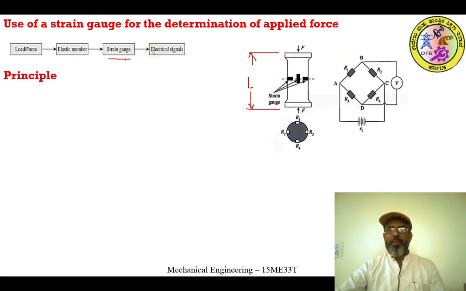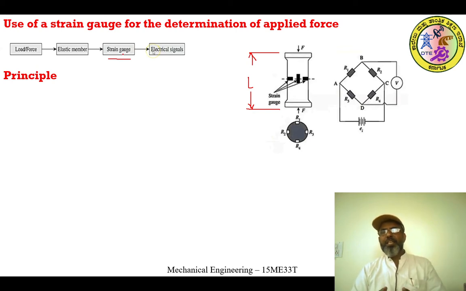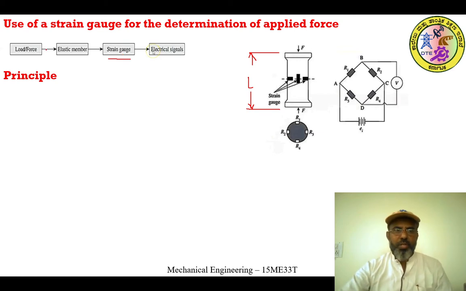That deformation becomes input to the strain gauge, and due to the change in length, its resistance changes. That change in resistance is proportional to the applied load, and the output will be given in terms of an electric signal, generally the voltage output.